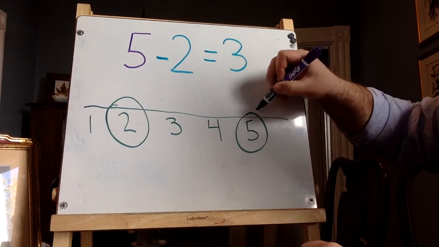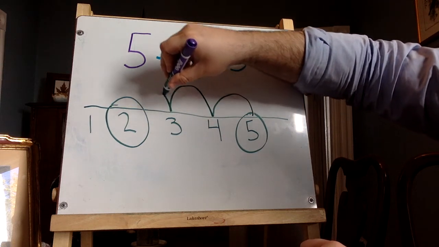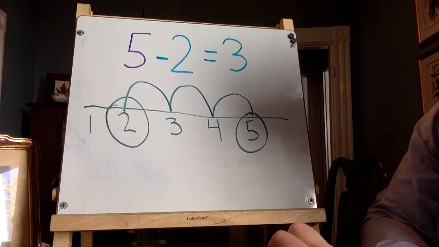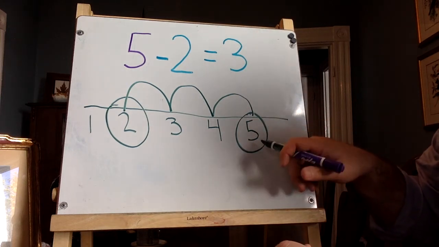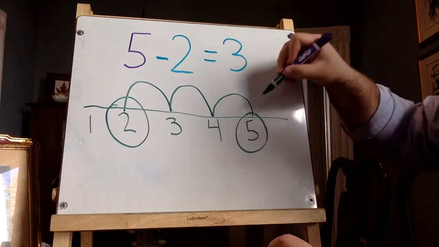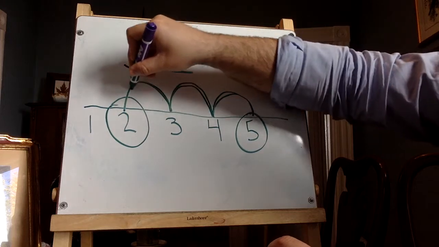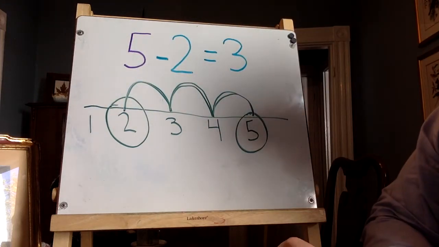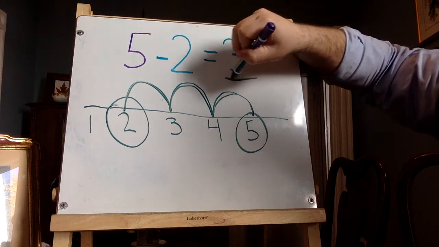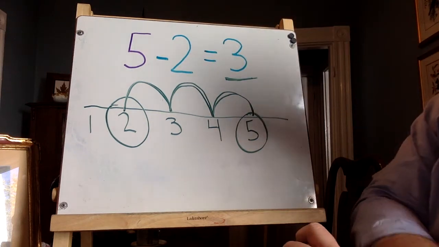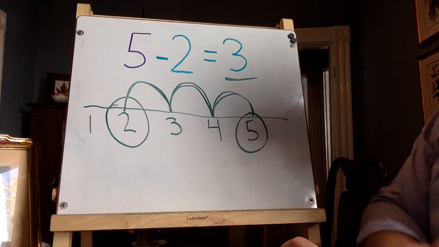Let's look at that. 1, 2, 3. So if we have 5 and we want to go back to 2, we have to jump 3 whole numerals, 3 numbers. So that's our difference. The difference between the number 5 and the number 2 is 3 numbers.